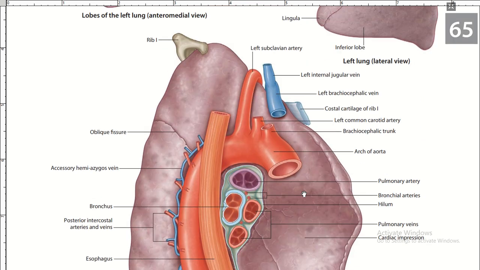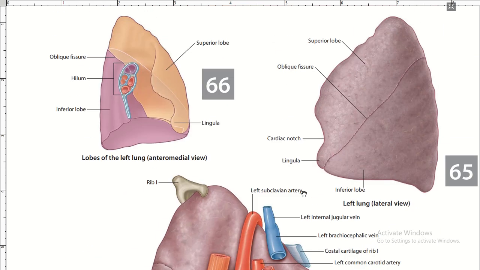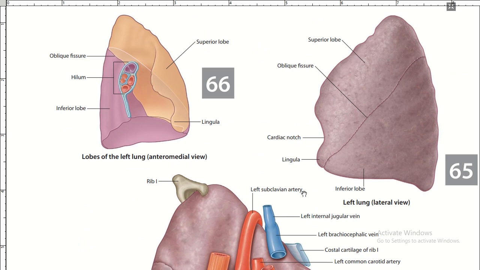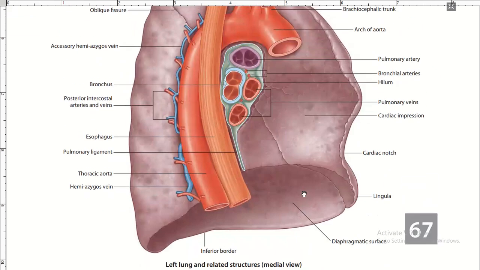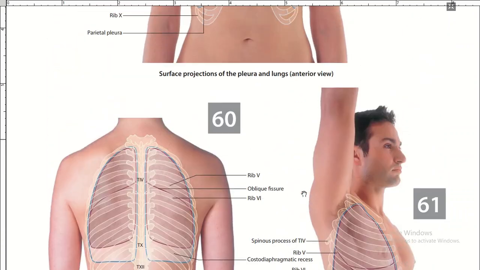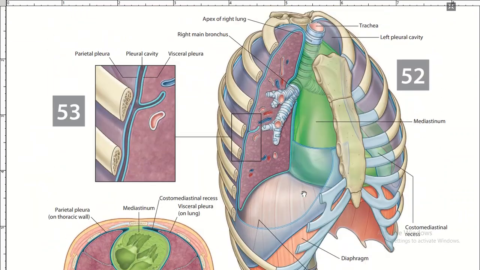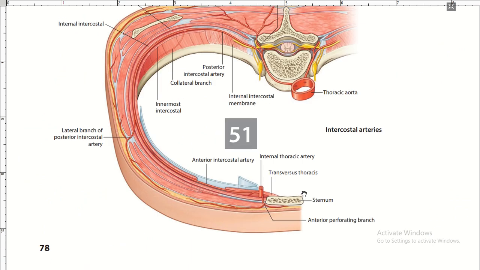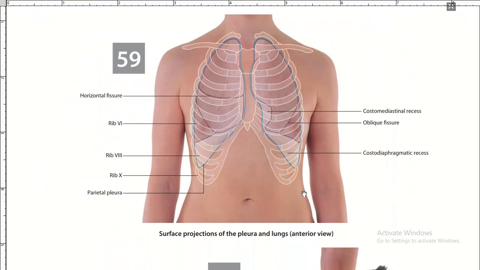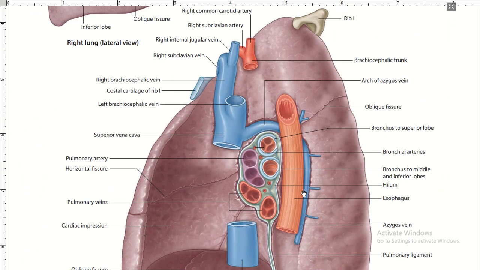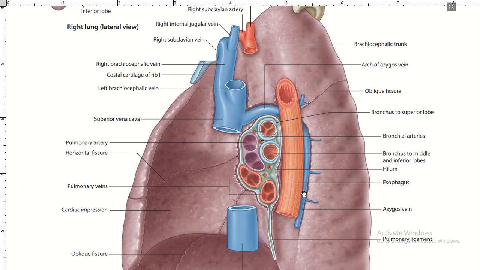Right. Let us go to the blood supply of the lung. Right. So our blood supply is separated into two. Take note of this. You're going to have what we call respiratory circulation and non-respiratory circulation.